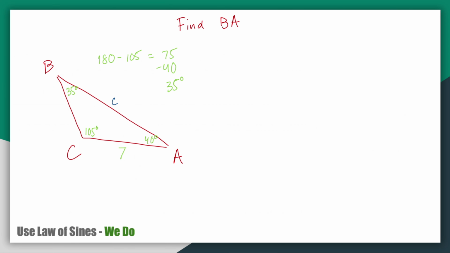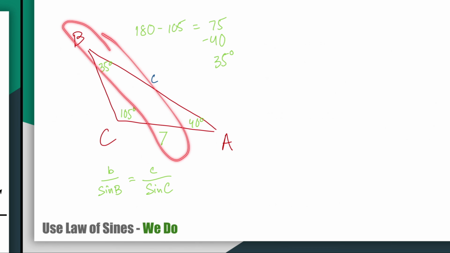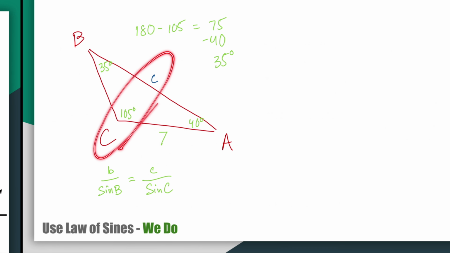We can set those equal to each other. So I can say that little b divided by sine of b is equal to little c divided by sine of c. Okay? Just a quick recap here, because we have all of b and we have part of c, but we're missing one.